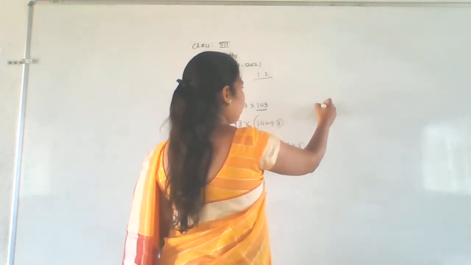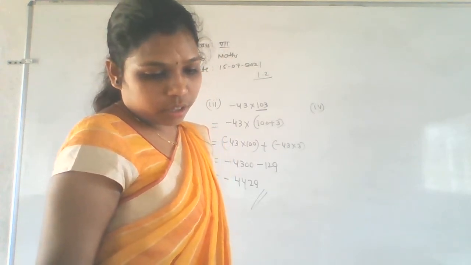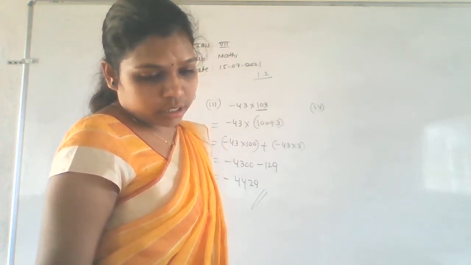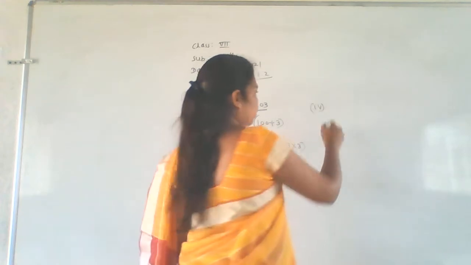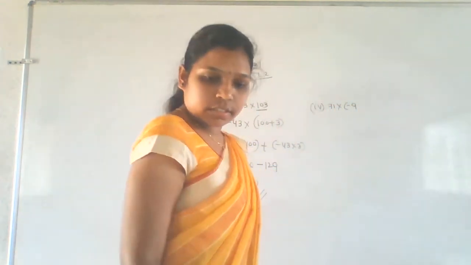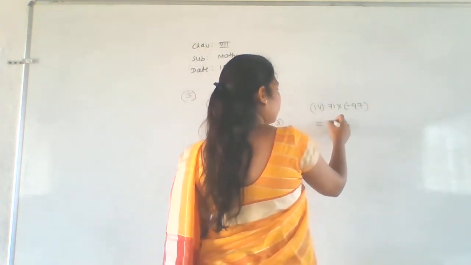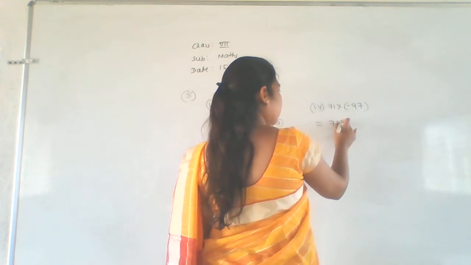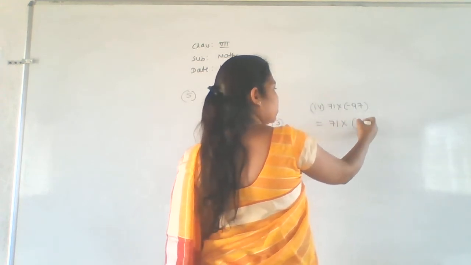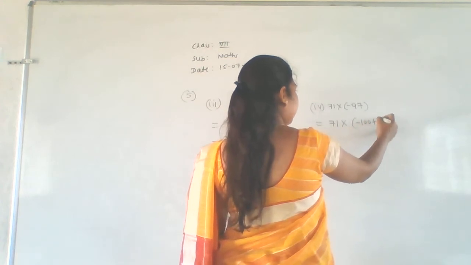Now go for the fourth problem. What is the fourth one here? 71 into minus 97. So this one can be written as 71 into minus 97 can be written as here minus 100 plus 3.